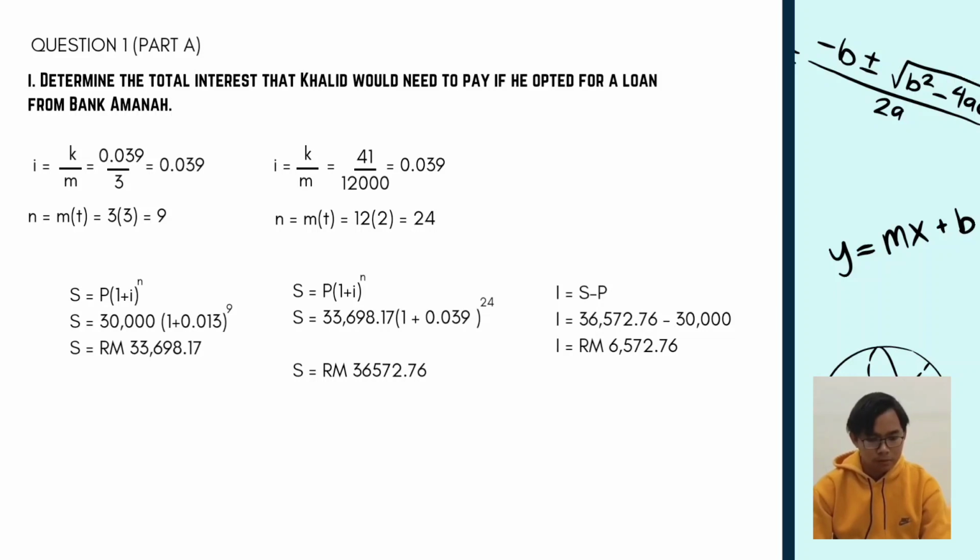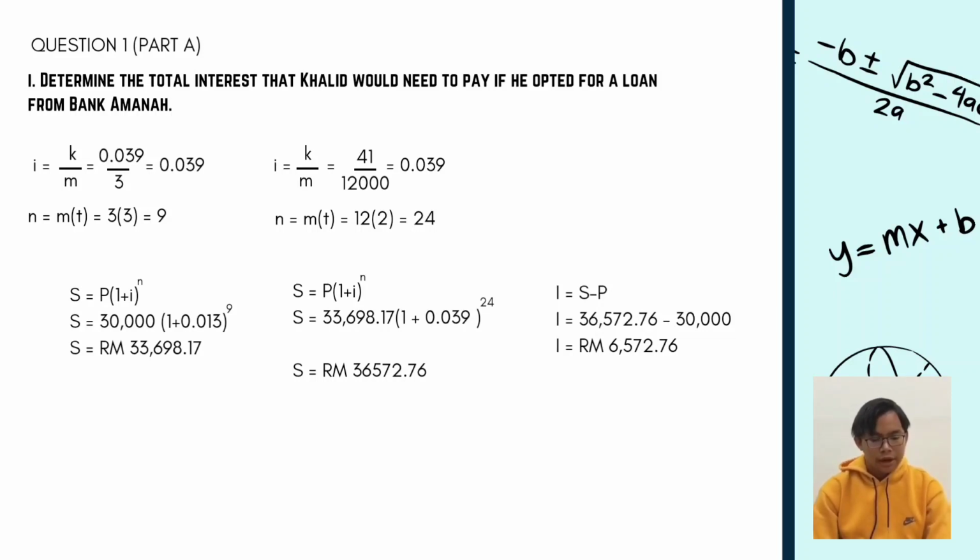The first question is to determine the total interest that Khalid will need to pay if he opted for a loan from Bank Amanah. The formula is S equals P bracket 1 plus I to the power of N. So, first I equals K divided by M equals 0.039 divided by 3 equals 0.013. N equals M times T equals 3 times 3 equals 9.